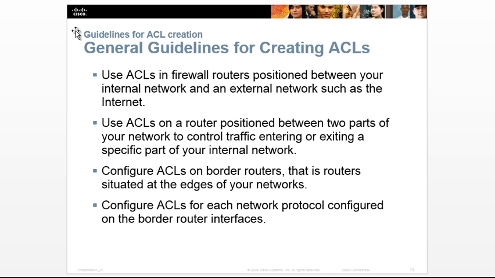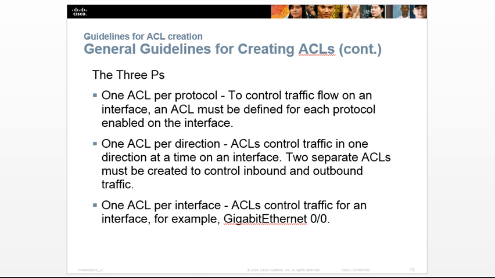You can configure ACLs on border routers, which are the routers situated at the edges of your networks, and you can configure ACLs for each network protocol configured on the border router interfaces. So you can go a little further and specify that your border routers will allow certain types of traffic based on what that traffic is.